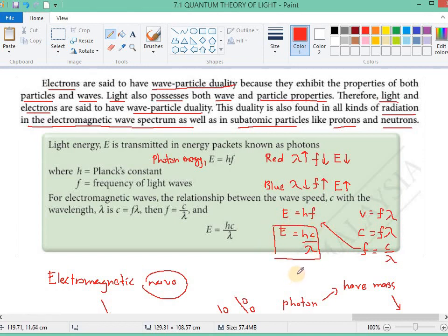So basically, this just means that if the question doesn't give us the frequency but gives us the wavelength, we can use the wavelength to calculate the energy of the photon also.